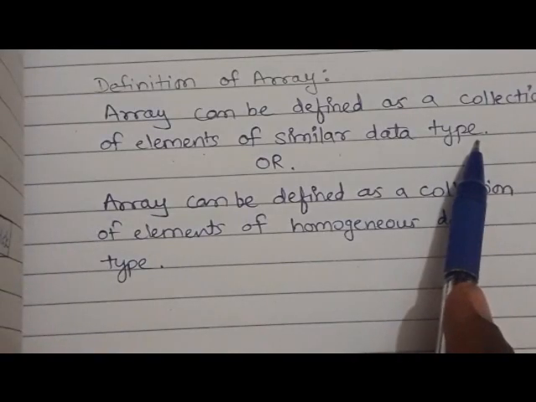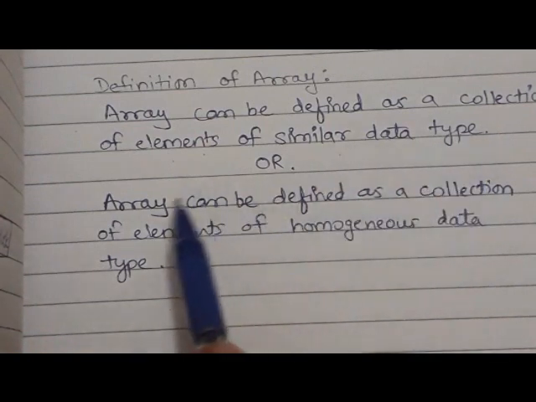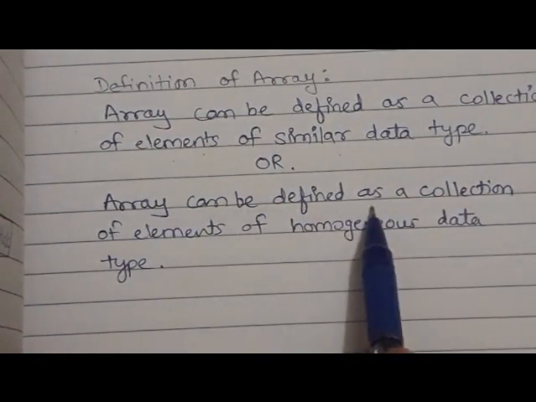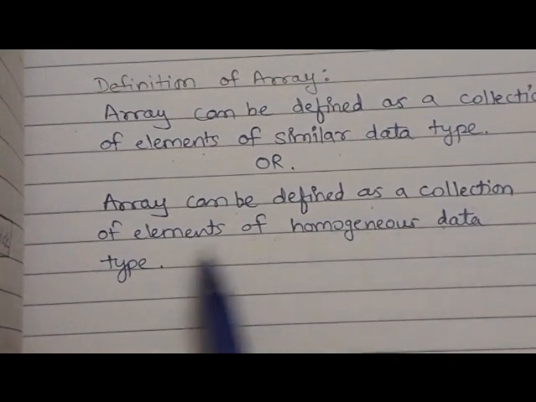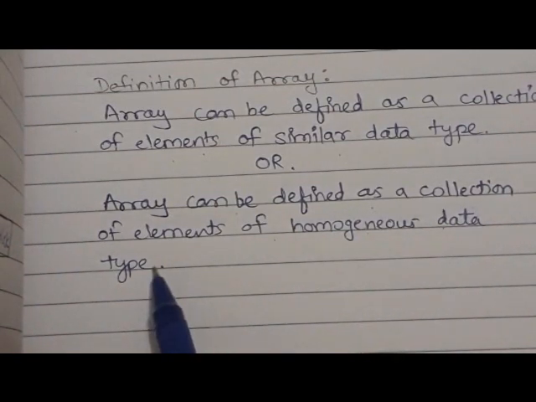Similar data type. Or we can say that an array can be defined as a collection of elements of homogeneous data type. Homogeneous data type means similar data type.